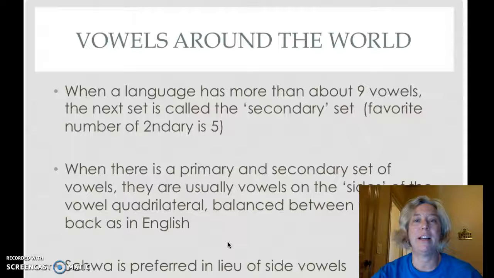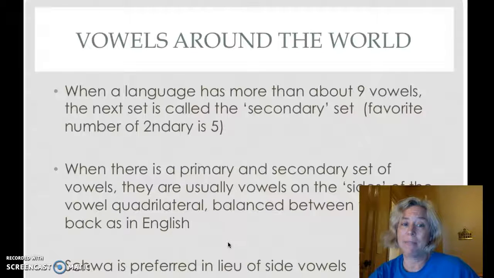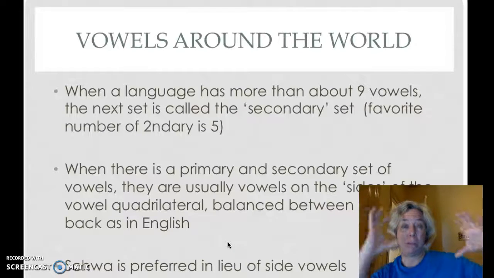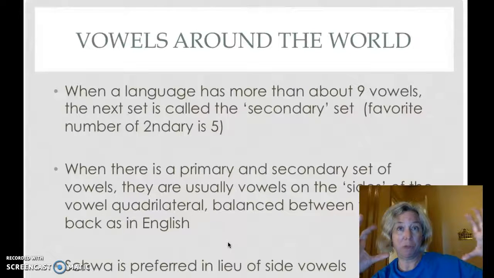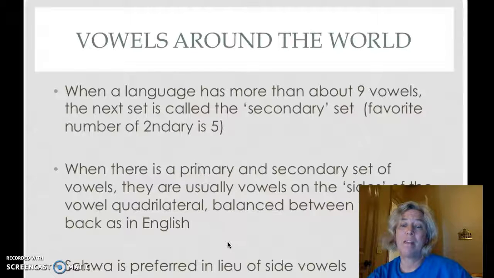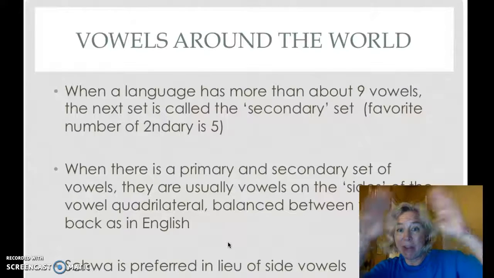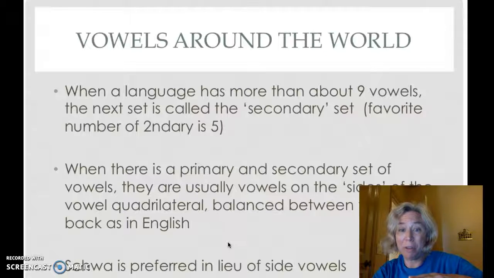It's not a hard and fast rule, but that's a kind of a guideline. So a language with a lot of vowels might have 14 vowels. When there is a primary set that are used most frequently and then a secondary set of vowels, those secondary vowels are usually found on the sides of that vowel quadrilateral that we talked about.